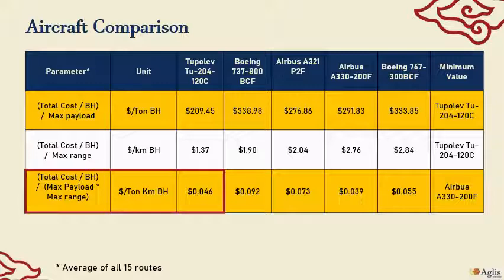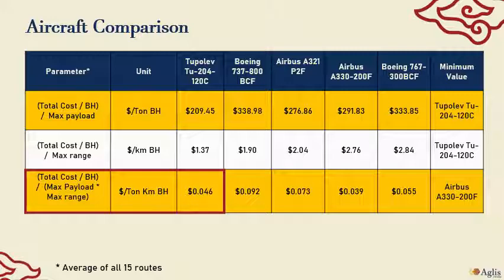However, from this temporary calculation, the Airbus A330-200F and Boeing 767-300 BCF are known as wide-body aircraft, where we will need to do further study from the market share aspect on how much we are able to carry and the distance of the routes.